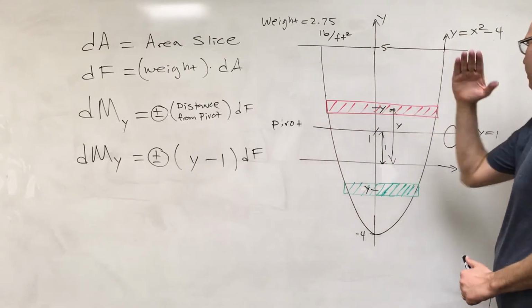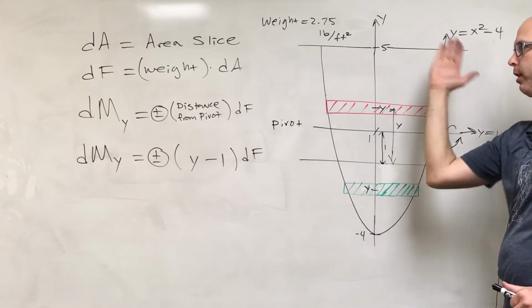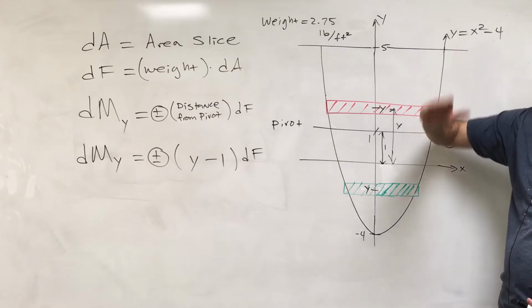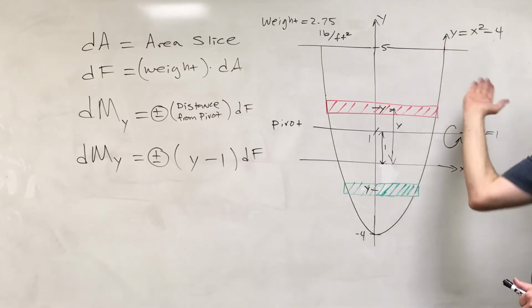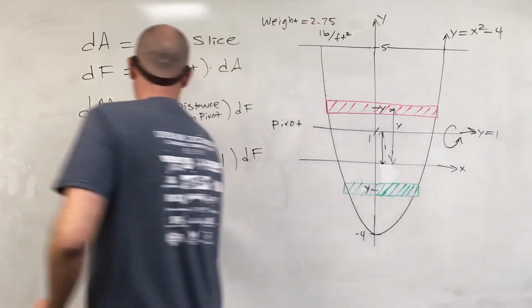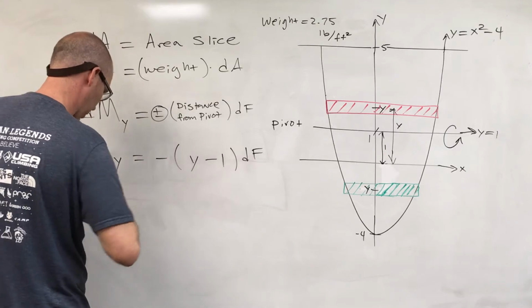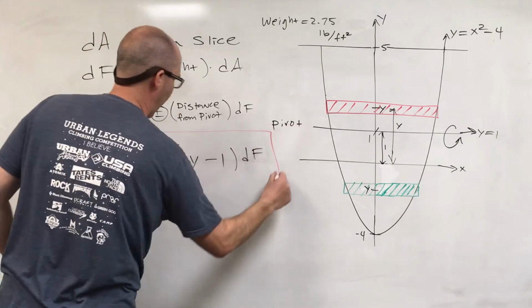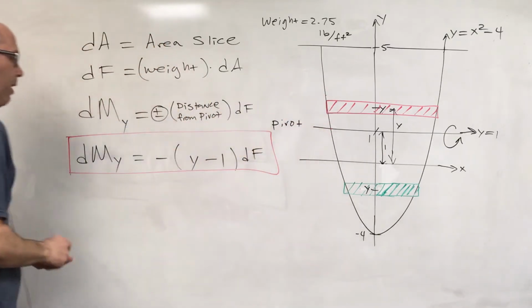But we said that rotating out of the board is positive, so rotating in would be negative, and so this would have to be negative. I put that in red to indicate that's what happened with my red slice there.